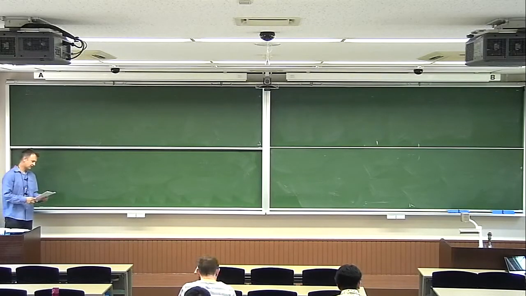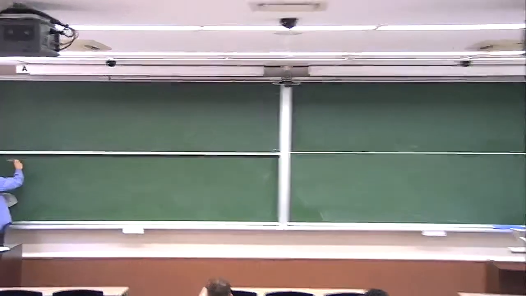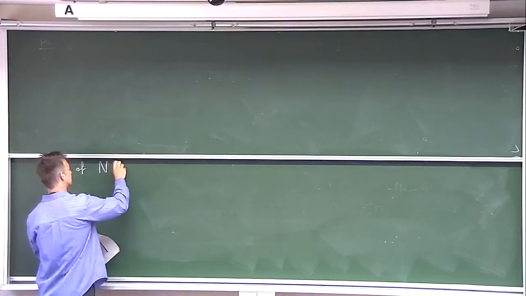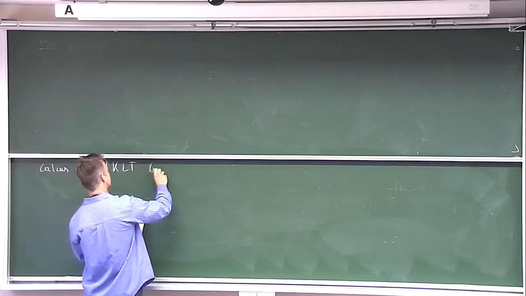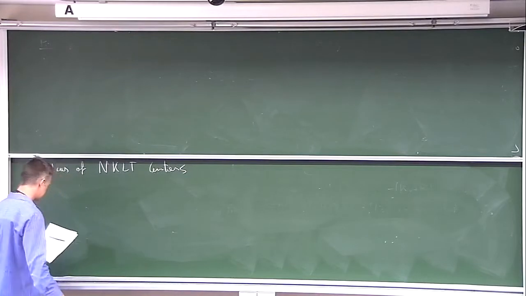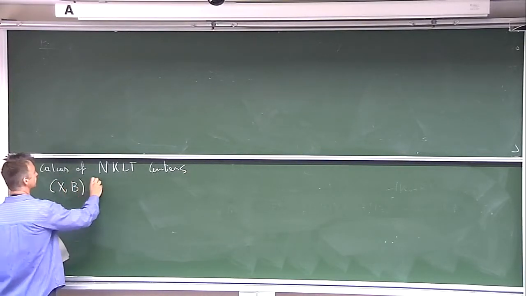So we're ready now to talk about the calculus of non-KLT centers. So let's suppose that we have a log canonical pair.